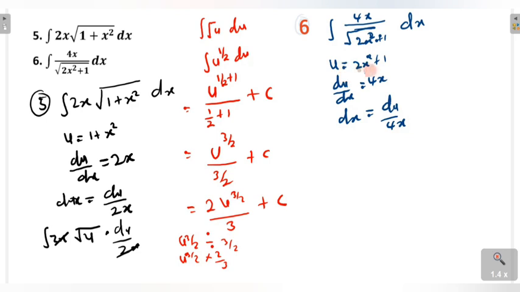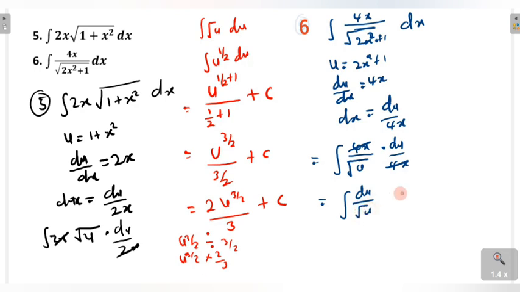So let's substitute u and du over 4x for this and this. So this becomes integral of 4x all over square root of u times du over 4x. Again, this would cancel out this, meaning that we are going to be left with integral of du all over root u.